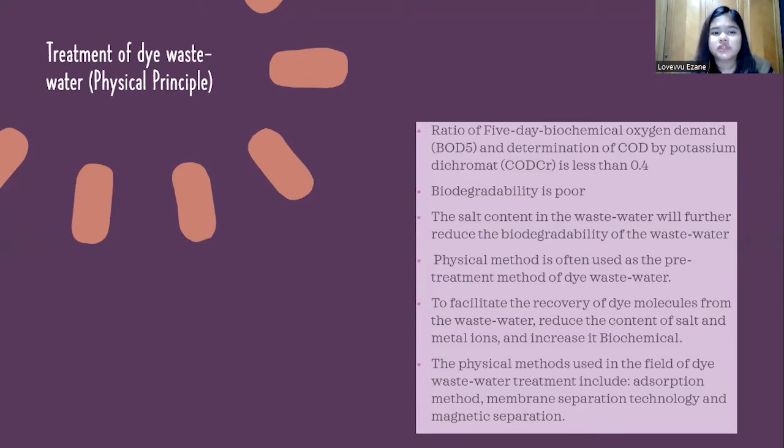So the physical method is often used as the pretreatment method of dye wastewater to facilitate the recovery of dye molecules from the wastewater itself. And this reduces the content of salt and metal ions and increases its biochemical degradability. So the physical methods used in the field of dye wastewater treatment include adsorption method, membrane separation technology, and magnetic separation.